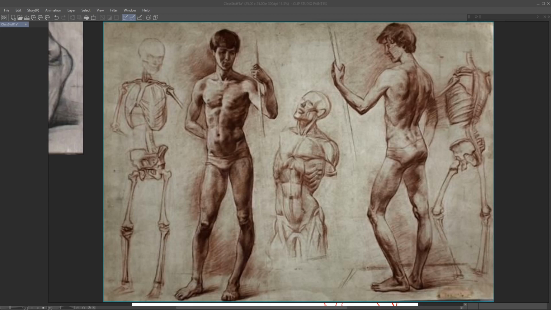You can see where they broke things up into cylinders and cubes, definitely in that skeleton on the left, but you can even see it on the muscle and anatomical figure in the center. And if you really look for it, you can see it around the edges. You can see some of the gesture lines that were done to find the shapes or find the gesture of the limbs and the different parts of the body.